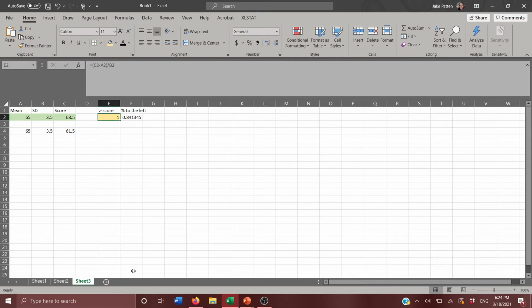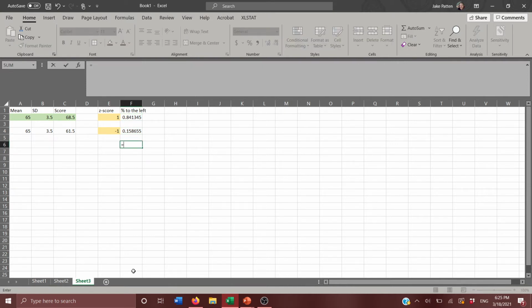We're going to copy the z-score down, and now you see we get a -1 because we're 1 standard deviation to the left of the mean, 1 standard deviation lower than the mean. I'm going to also copy this formula down here, and that tells us that 15.9% of our data is to the left of this score.